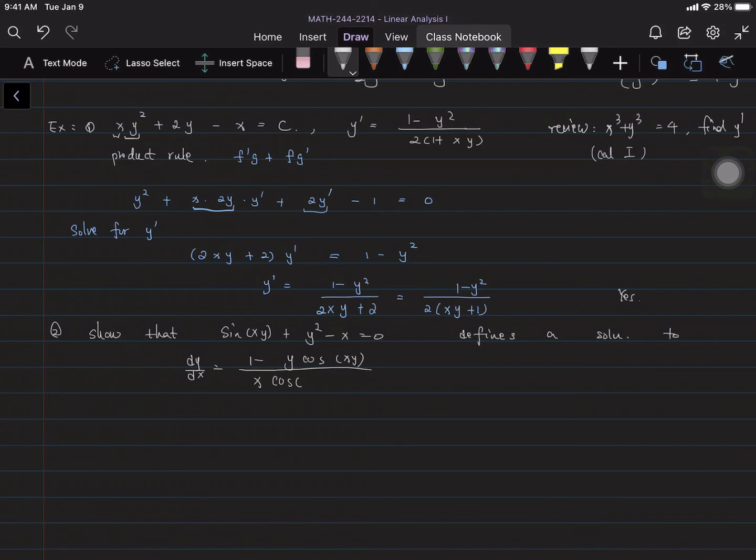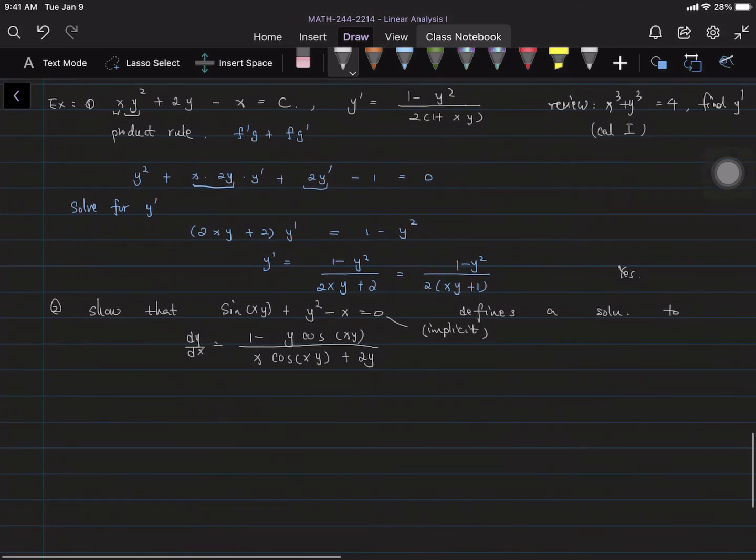So you can see there's no way to solve for y from the implicit equation, right? So this we know is implicit. There's no way to solve for y, okay? And we have to do implicit differentiation. And you can try this problem by yourself.